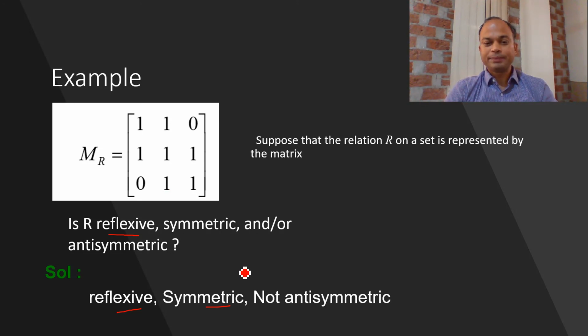If we talk about antisymmetric, here we have A related to B and B related to A. These pairs are available here. Therefore, this particular matrix is not an antisymmetric matrix. In this way, we can find out whether this matrix is symmetric or antisymmetric or reflexive.